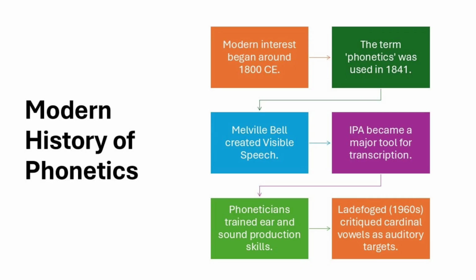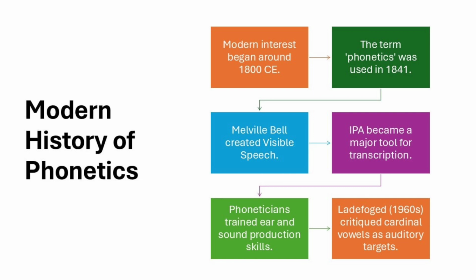In modern times, researchers gained new knowledge from medicine, anatomy, and sound recording technology. This helped phonetics become more scientific. One important figure was Alexander Bell. He created Visible Speech, which is a phonetic alphabet based on articulation positions. This system became useful for teaching deaf children oral language.